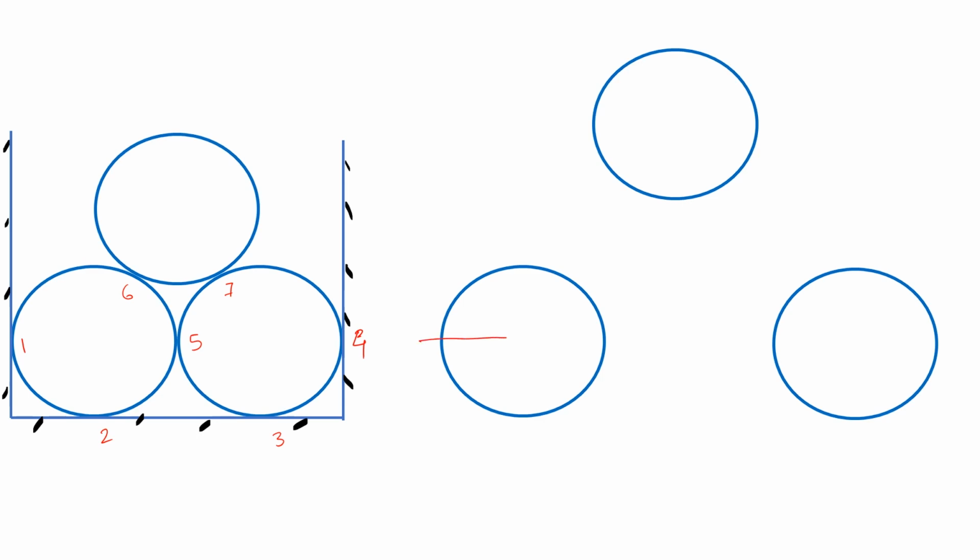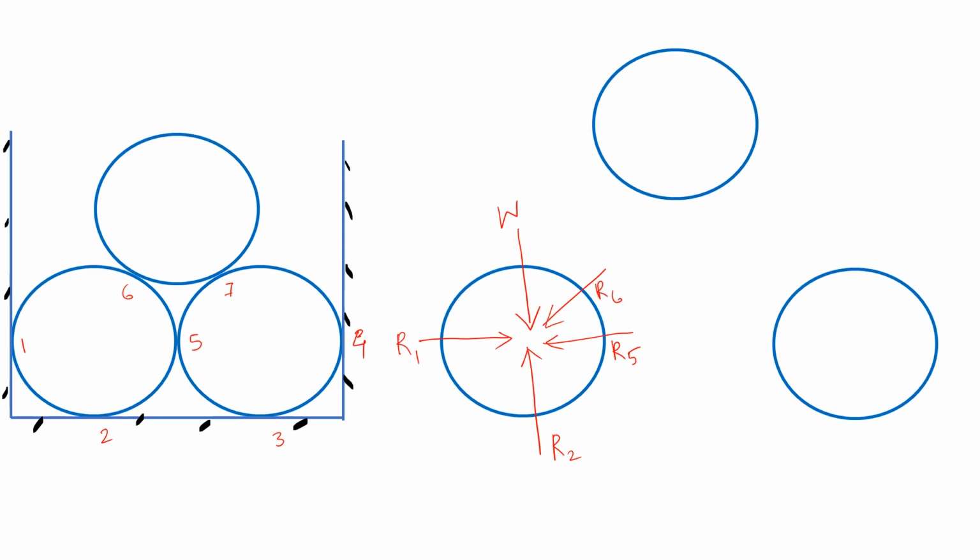Okay, so for the first body's free body diagram, first of all we need to mark the weight, right? So we mark the weight first, and there is a reaction R1 from this point, then a reaction R2, and a reaction from the fifth point R5, and a reaction from the sixth point R6.